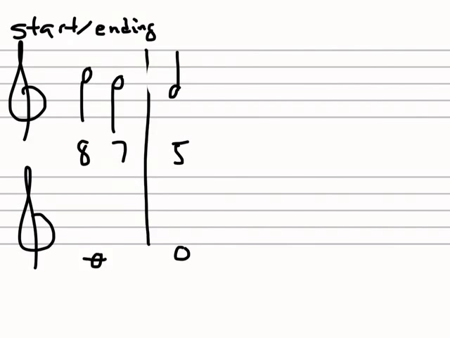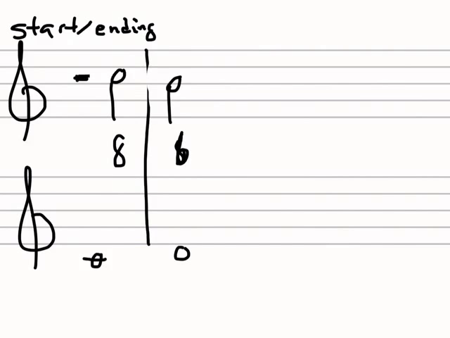I could also do this. Start with a half rest and a half note perfect consonance. And then go right across the bar line to another consonant. So those are my options here for beginnings.